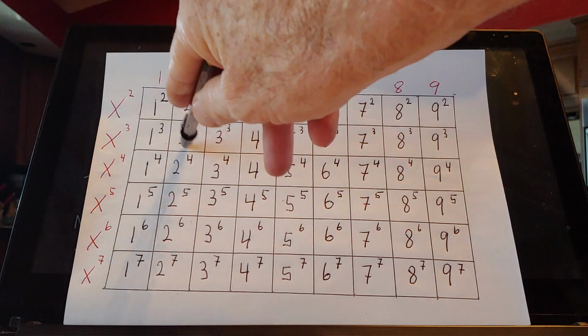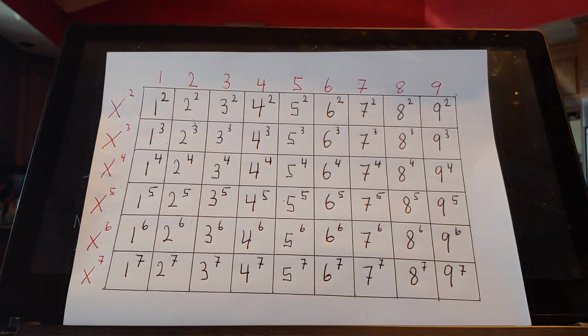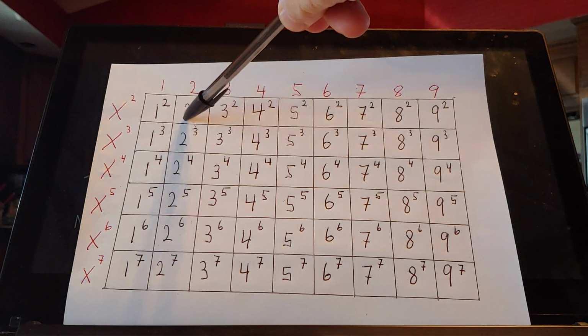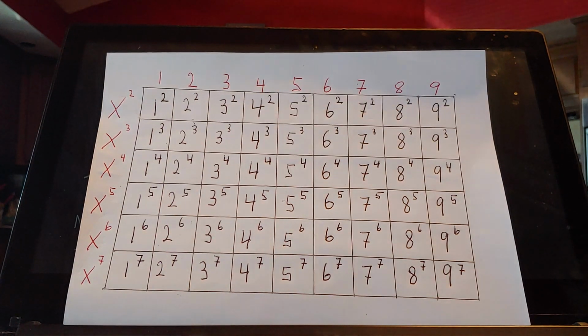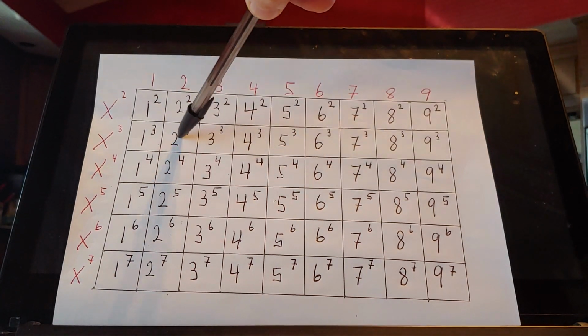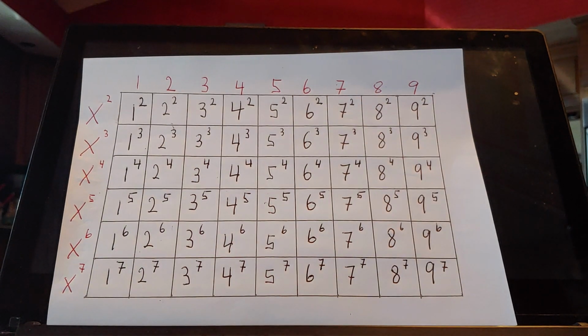For instance, 2 to the third times 4 to the third, 2 times 4 is 8 to the third. And also, if we have the same coefficient, it's always easy because, for instance, 2 to the 7th times 2 to the third is 2 to the 7 plus 3. And that's 2 to the 10th. That makes it very easy.